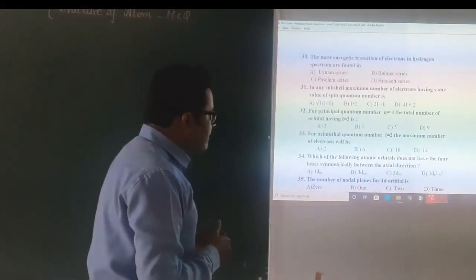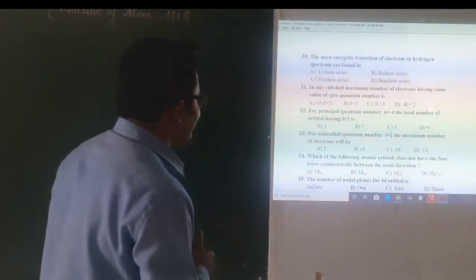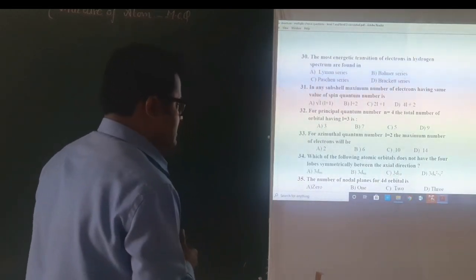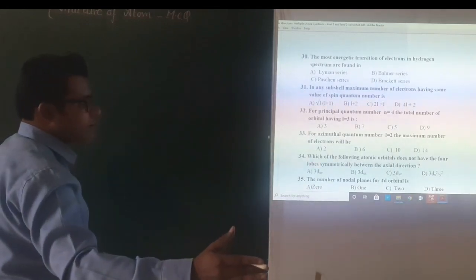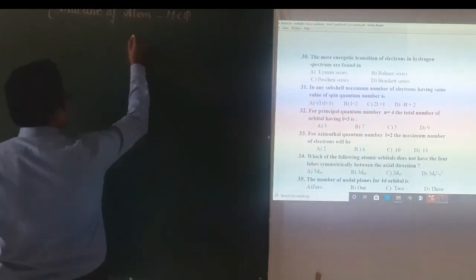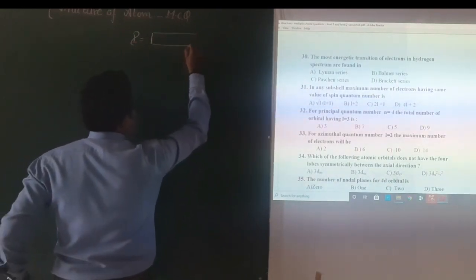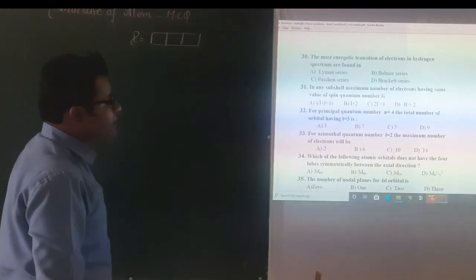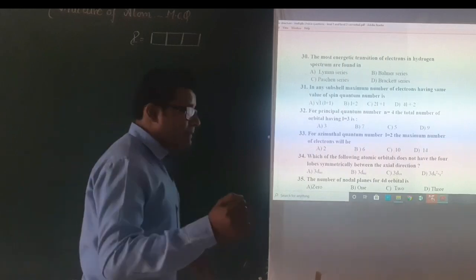In any subshell, the maximum number of electrons having the same value of the spin quantum number is, okay. When we speak about subshells, let us say we have the p subshell. In the p subshell, we have 3 orbitals, that is px, py and pz.